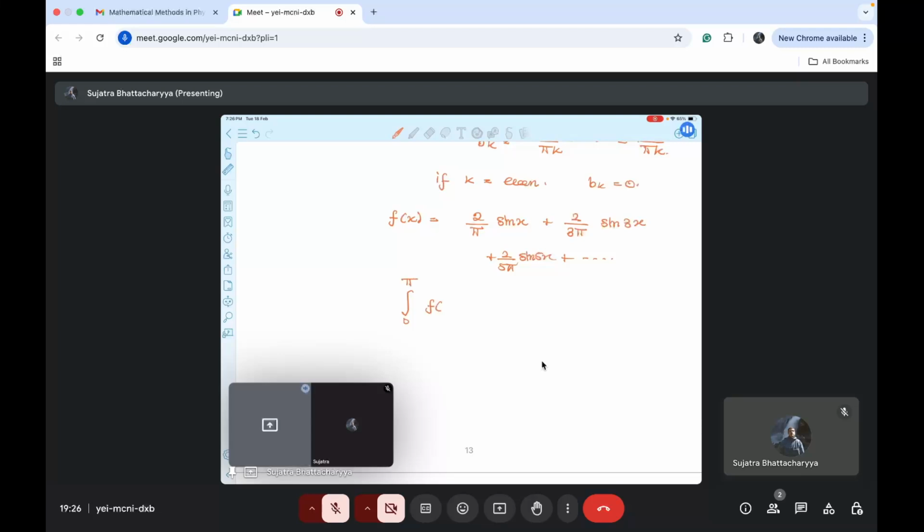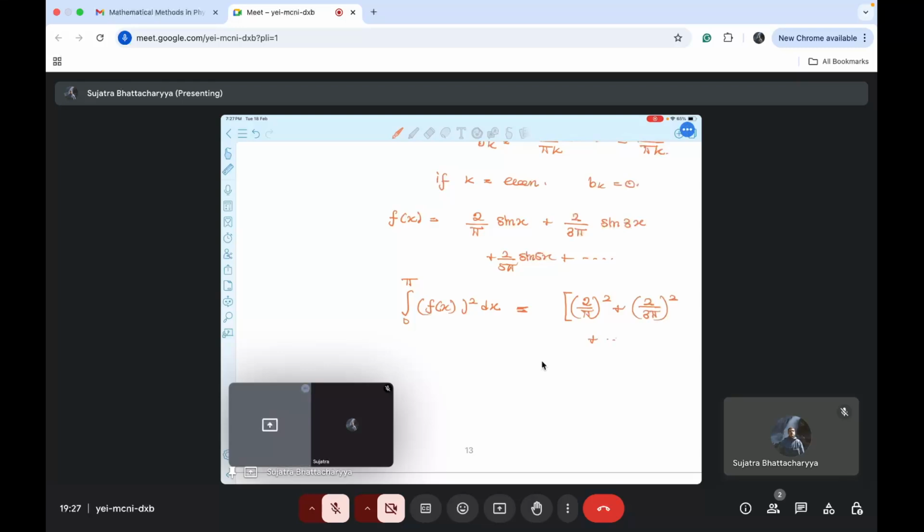Now if you do integral of f(x) square dx, this will be on the other side. You have that your 2 by pi will be there, so it will be 2 by pi square plus 2 by 3 pi square, right?